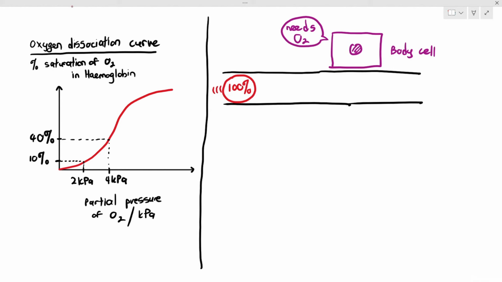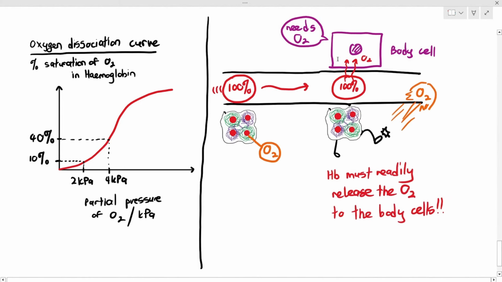Okay, so what happens is, for example, the red blood cell travels, reaches the capillaries, and this is where the hemoglobin has to let go of some of the oxygen so that the body cell receives the oxygen, right? Okay, so the red blood cell on the left is still attached to the oxygen, oxyhemoglobin, but when it reaches the body cell, the hemoglobin splits with the oxygen and releases the oxygen so that the oxygen is able to reach the body cells. Simple enough.